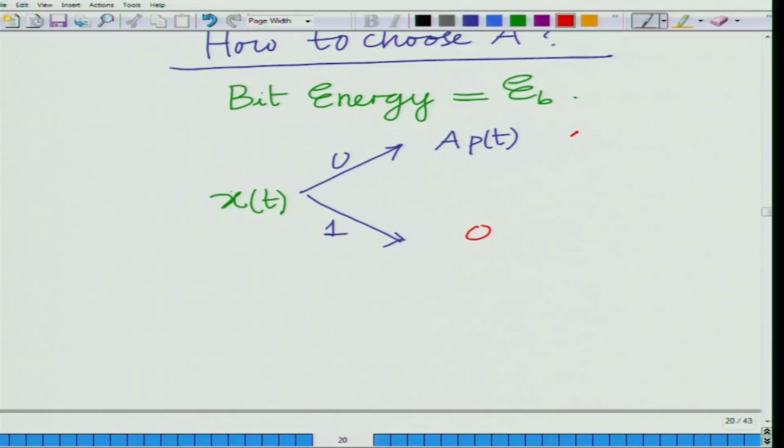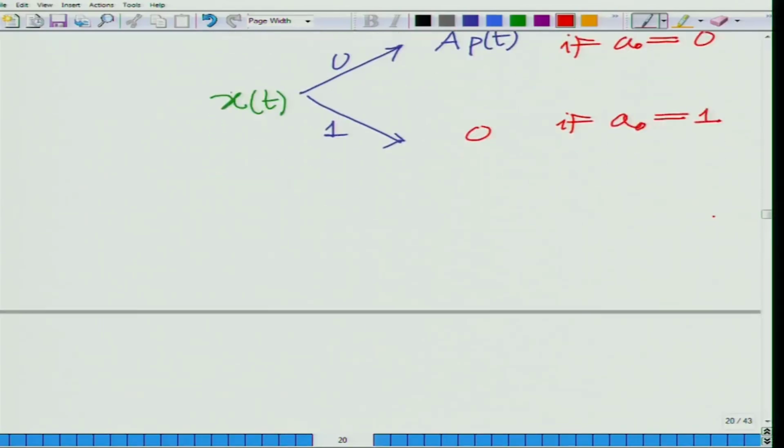So let us say A_0 equals A, and A_1 equals 0. Now, let us assume a simple scenario, let probability of 0 equals probability of 1 equals half.